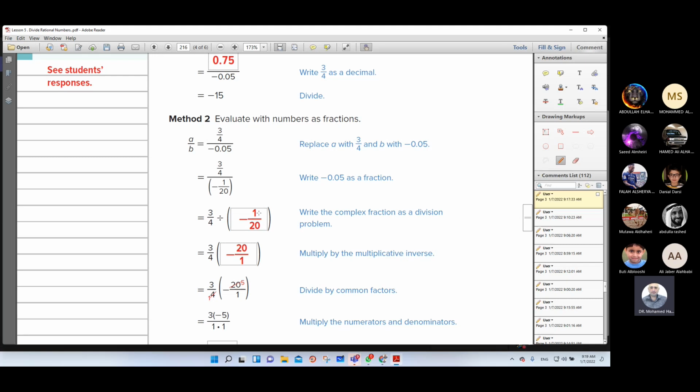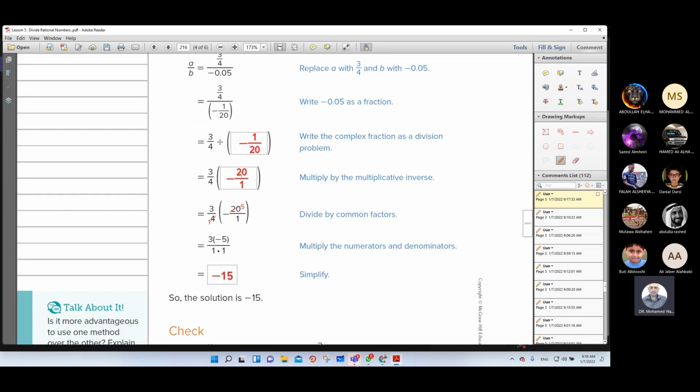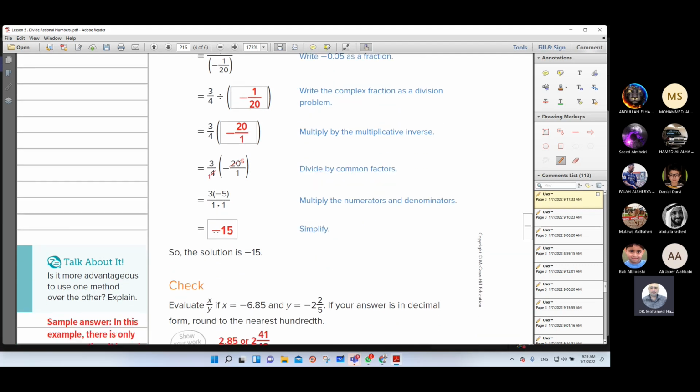Then find the reciprocal of negative 1 over 20, which is negative 20 over 1. Then simplify: divide 20 by 4, we get 5, and divide 4 by 4, you get 1. Then multiply numerator by numerator: 3 times negative 5 up and 1 times 1 down. 3 times negative 5 is negative 15, and 1 times 1 is 1. Negative 15 over 1 is negative 15.